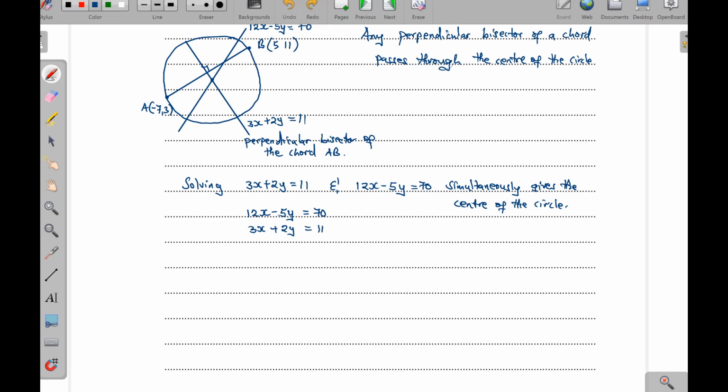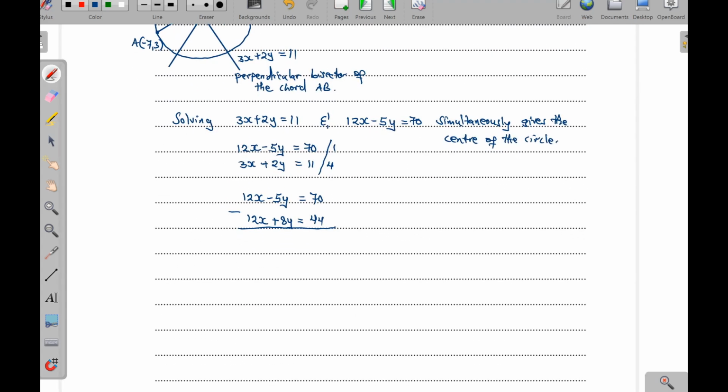I'm using elimination to solve these two. I can multiply this one by 4 such that the coefficient of x becomes 12 as in this one, so that I can eliminate x. So we have 12x minus 5y equal to 70, and 12x plus 8y equal to 44. When I subtract, because the coefficient of x is the same in here and here.